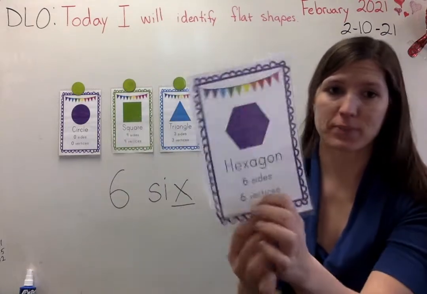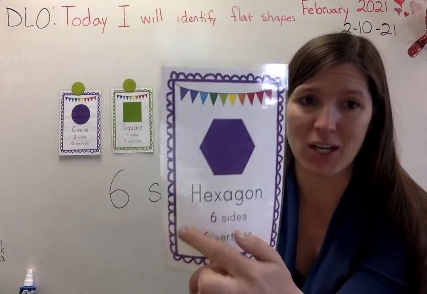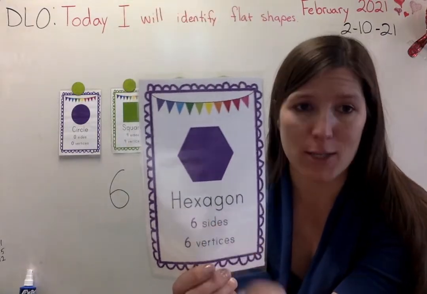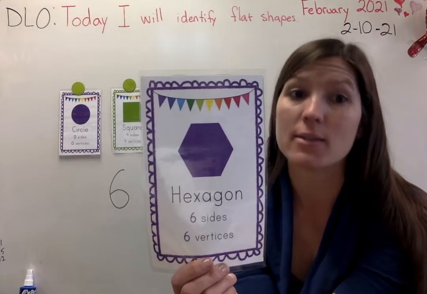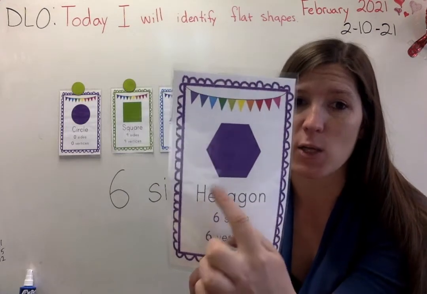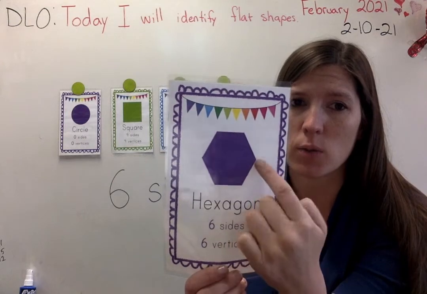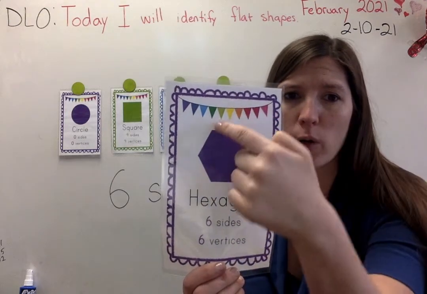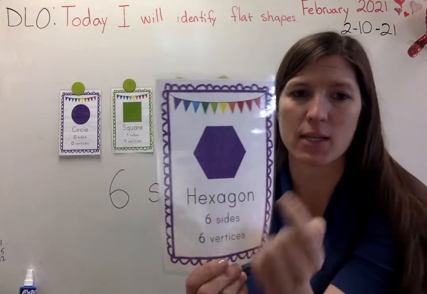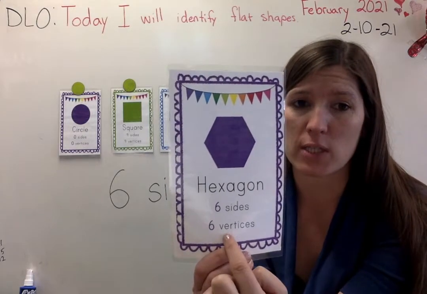Now, since hex means 6, guess how many sides it has? 6. It has 6 sides. 1, 2, 3, 4, 5, 6. And it has 6 vertices.